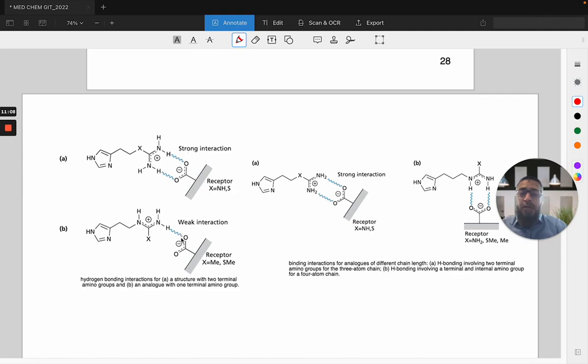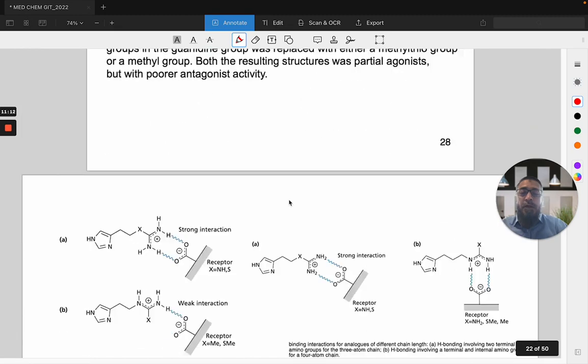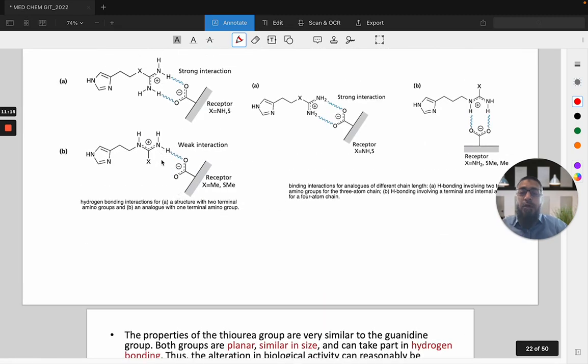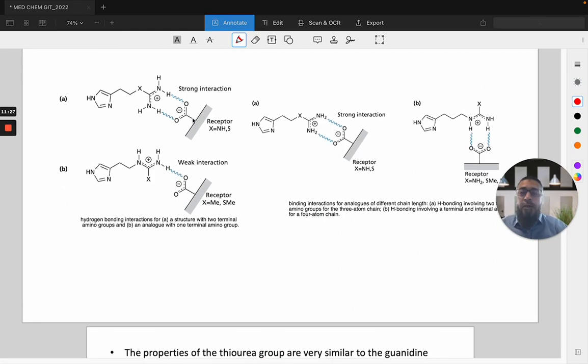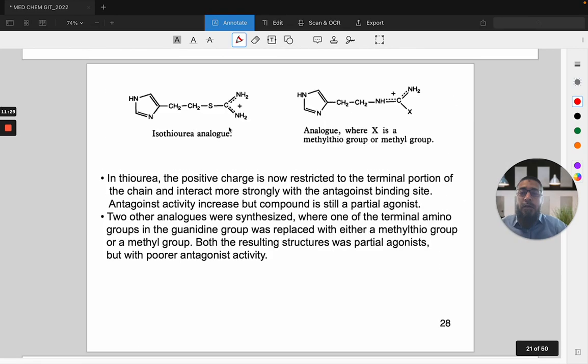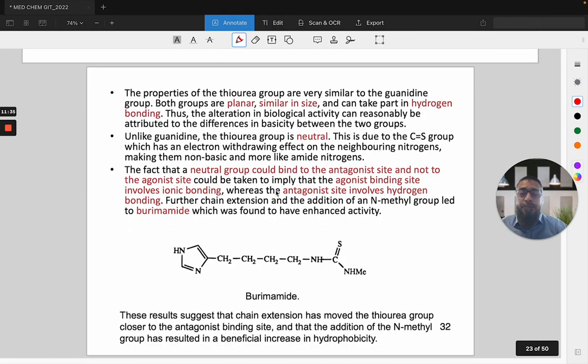And then if, let's say, in case of this methyl thio, the binding is weak because it binds only with the one ionic and hydrogen bonding instead of the two binding sites in case of the isothiourea. So this is how the molecules bind with the receptor.